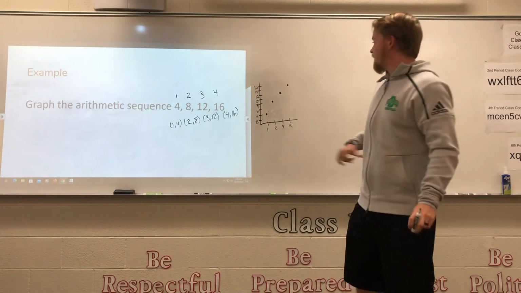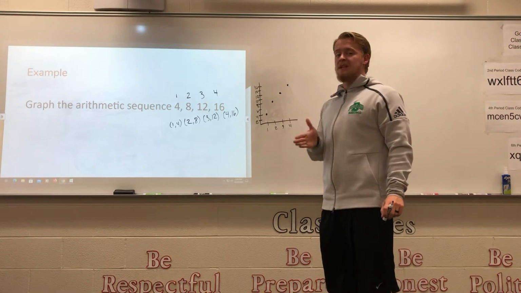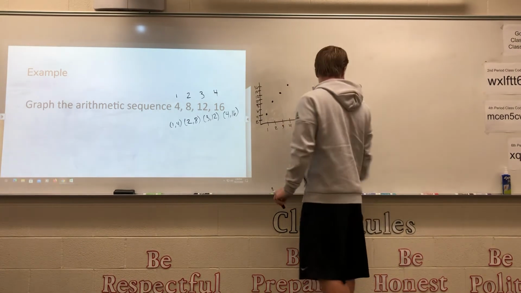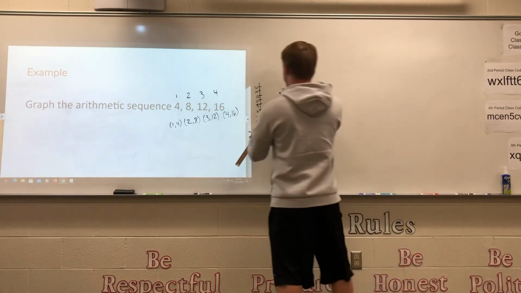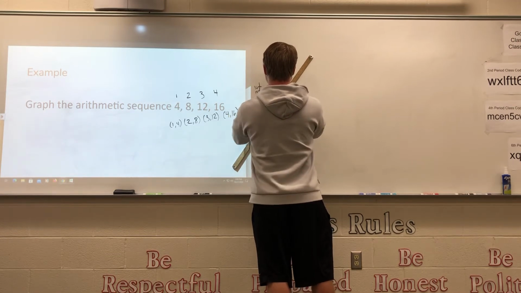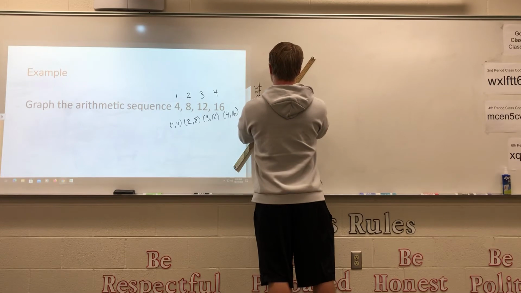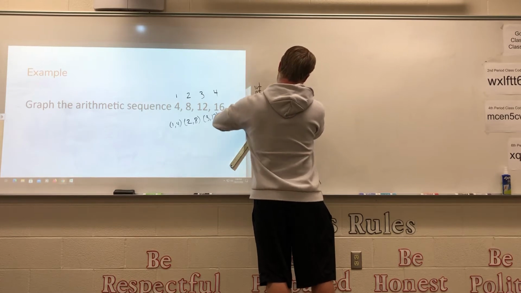When you graph this, you should notice something. With arithmetic sequences, when graphed, they're always in a straight line. They will always fall in a straight line if graphed correctly. So this one will have a graph looking something like that.